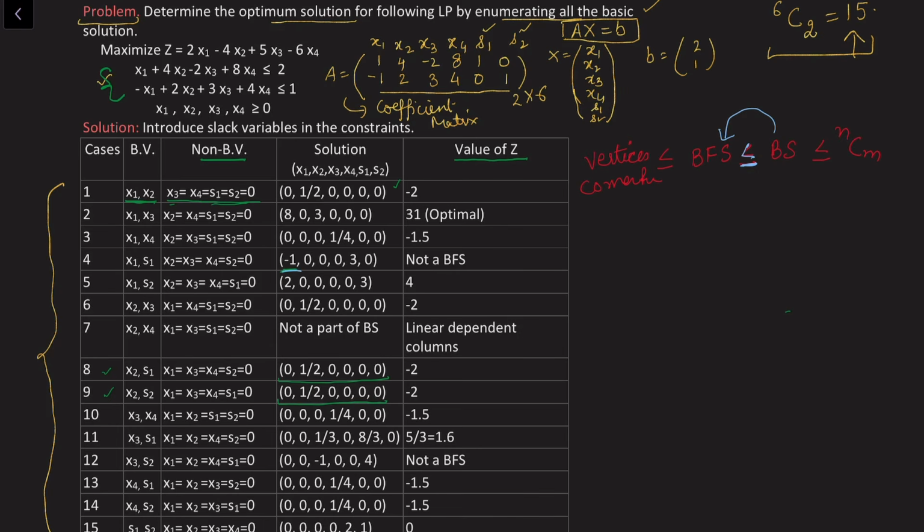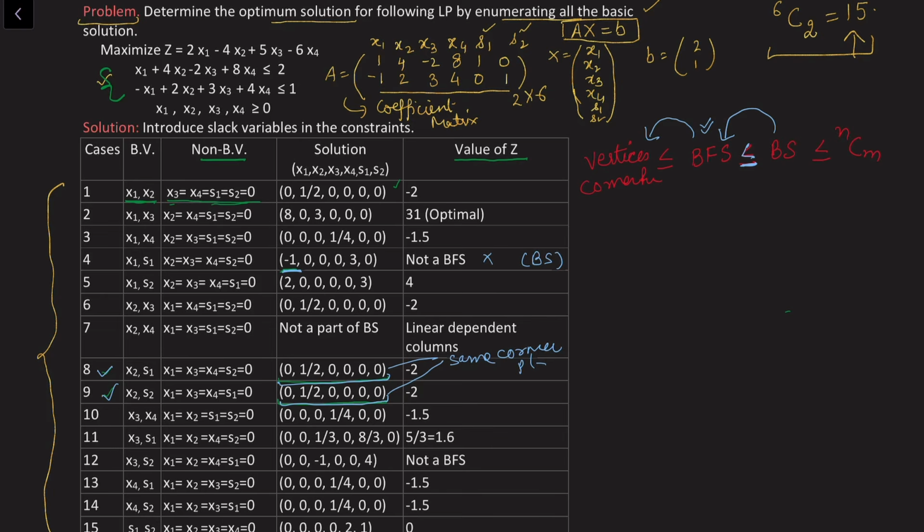As you can see, there are some negatives, so this is not a BFS, but yes, this is a basic solution. Similarly, basic feasible solutions to vertices: you have more basic feasible solutions than vertices, because you can see that these two will correspond to the same corner point. They correspond to the same corner point, but they are two different basic solutions because they come from different cases.